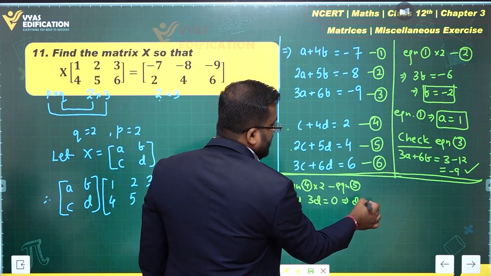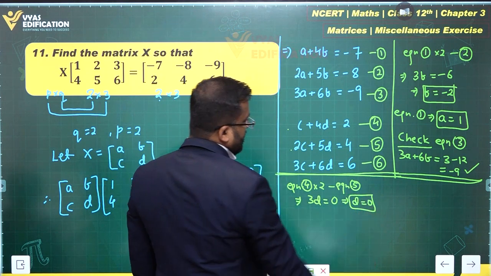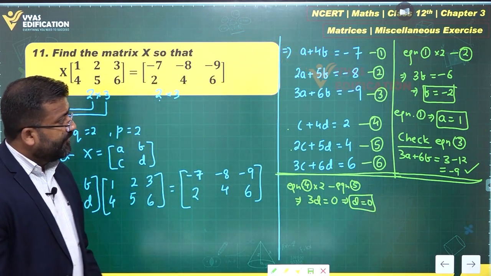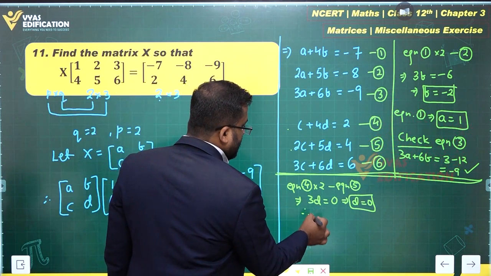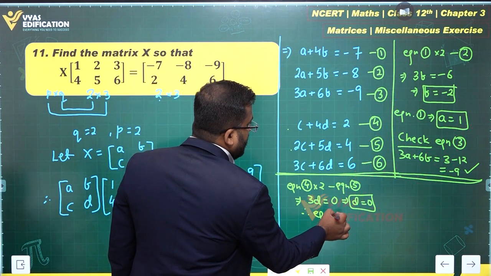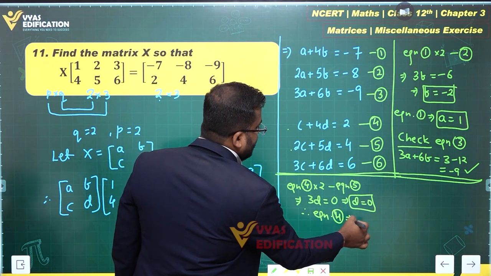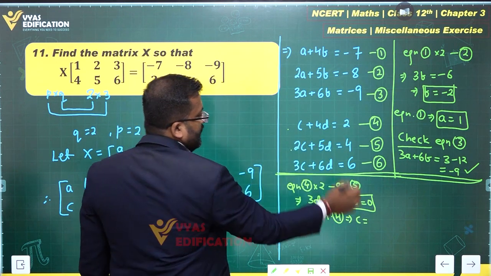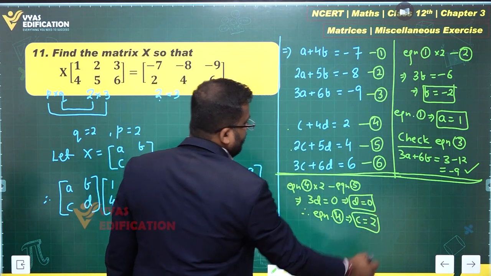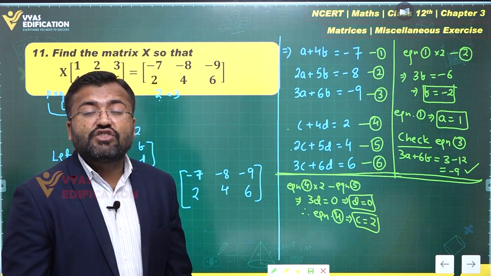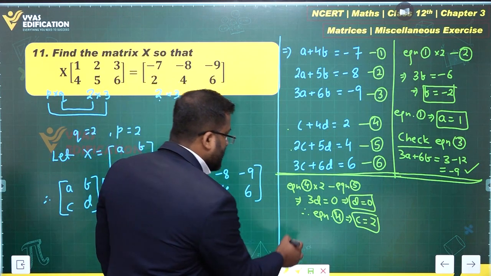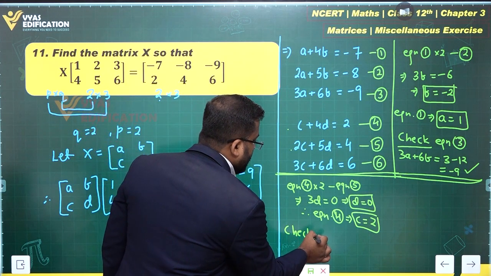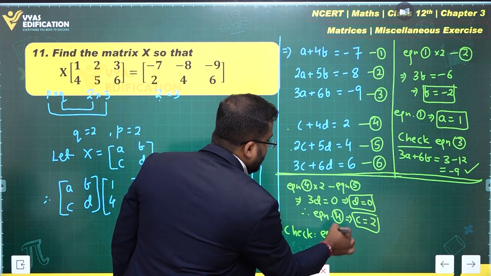This will give me D equals 0. Is that okay? Yeah. D will be simply 0. And therefore, using equation number 4, we can get C equals what? C plus 0 equal to 2, which gives me C equal to 2. But that's not enough. We'll also have to check whether equation 6 is consistent with these values. So we'll have to check equation 6.